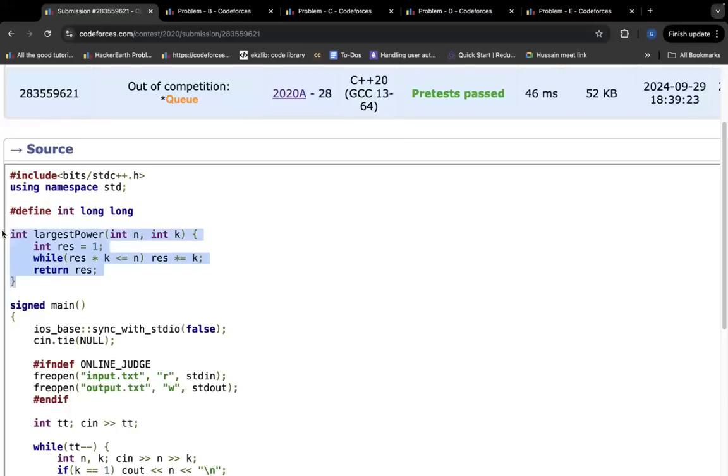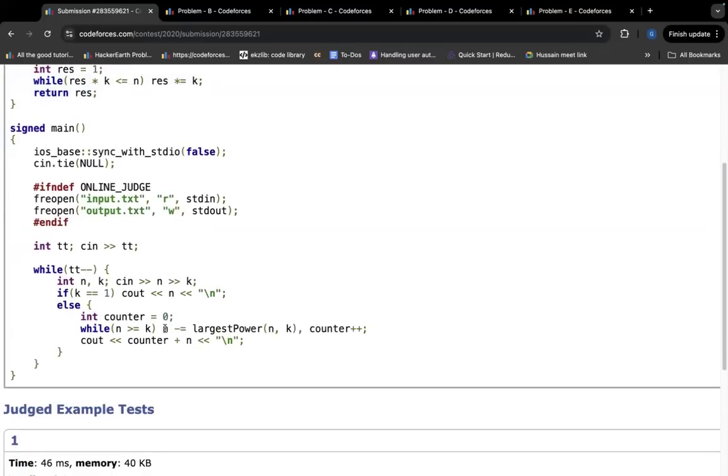And while result times k is smaller than or equal to n, result multiplied by equal to k. A thing to notice here is that this will run at most 30 times because the smallest k which is larger than 1 is 2. And since n's largest value is 10 raised to 9, 2 raised to 30 is about 10 raised to 9. Okay. So in this case, n minus equal to the largest power of k. And after this, counter plus plus.